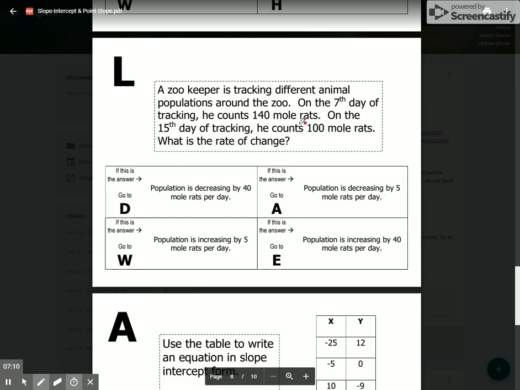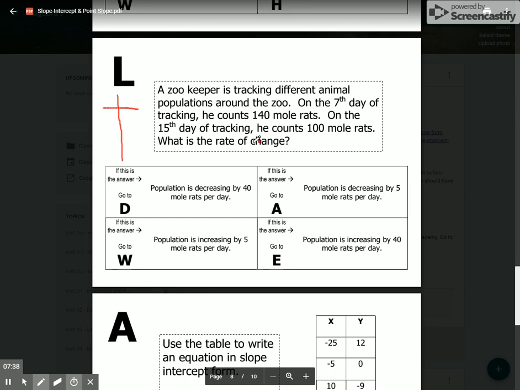For this one, we're given some information, and my go-to, and what I encourage you to always do when you get some data like this, is to organize it into a table. And think about which is going to be your dependent and independent variable. Are the days going to depend on the mole rats, or the other way around?